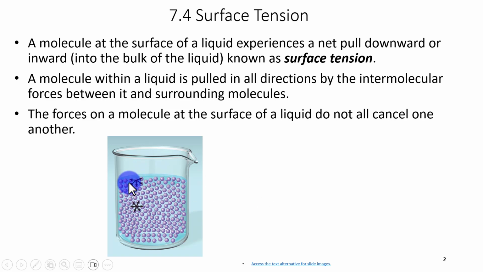This inward pull of the surface molecules, this net pull downward, is known as surface tension. Obviously, the stronger the pull experienced by these surface molecules, thus the higher the intermolecular forces, the higher the surface tension is going to be.